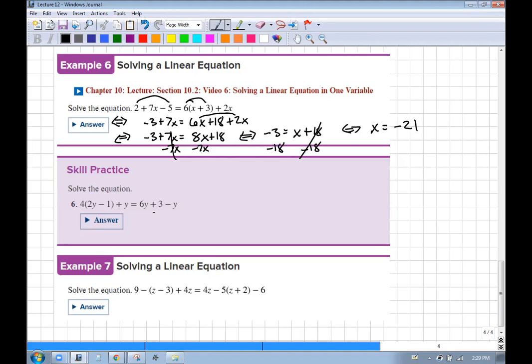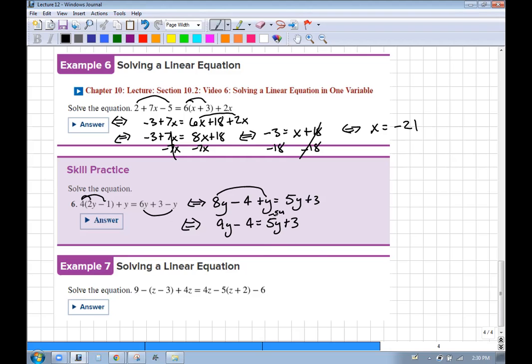All right. Number 6 here, let's get rid of the parentheses. Times 2 is 8 minus 4 plus y. Let's combine the 6y minus y, get this 5y. We can combine these y's to give us 9. Now let's get the y's all together.